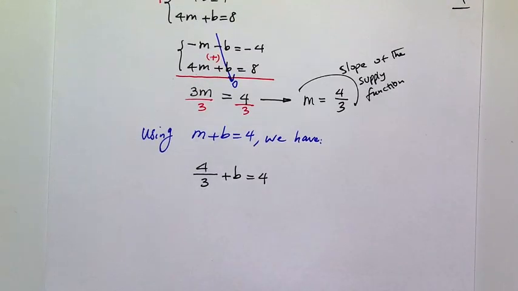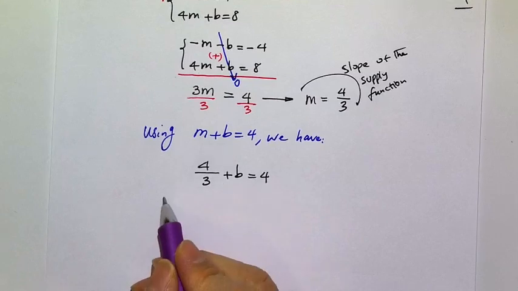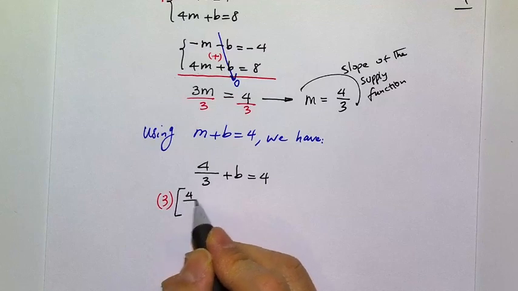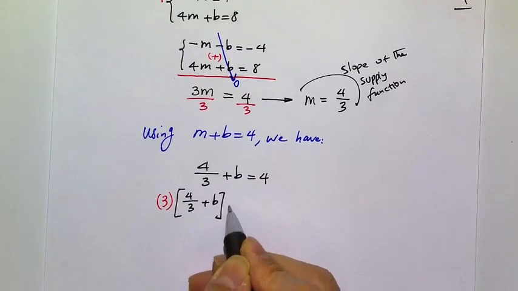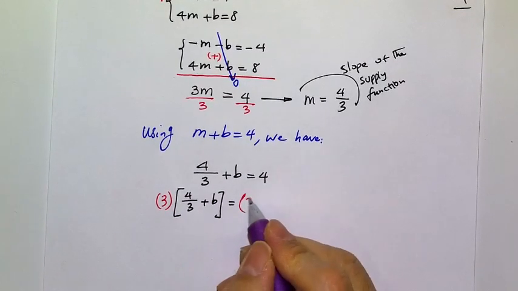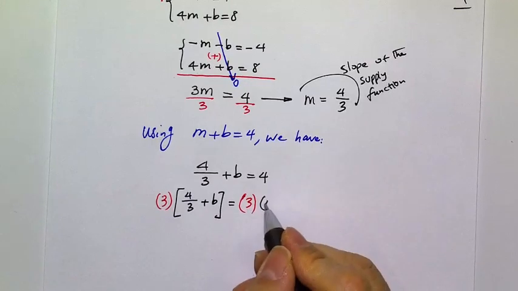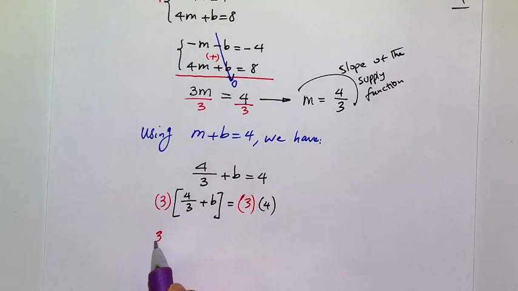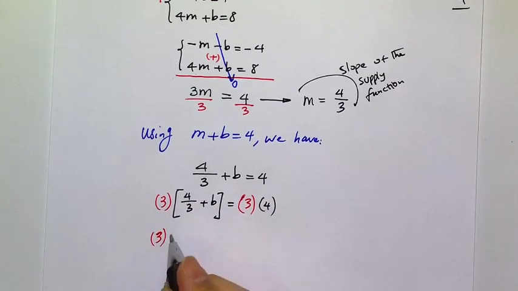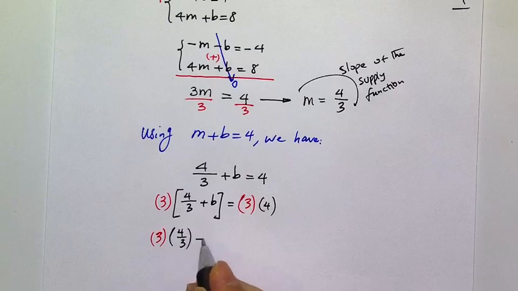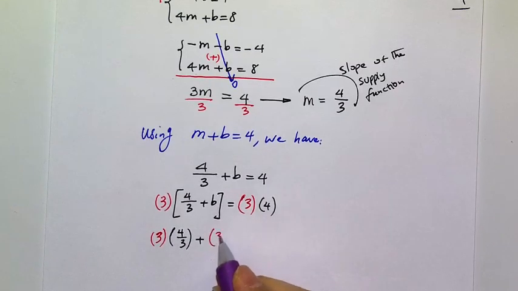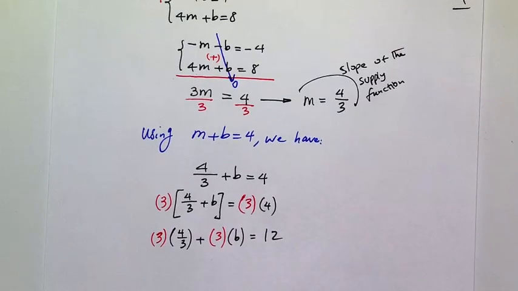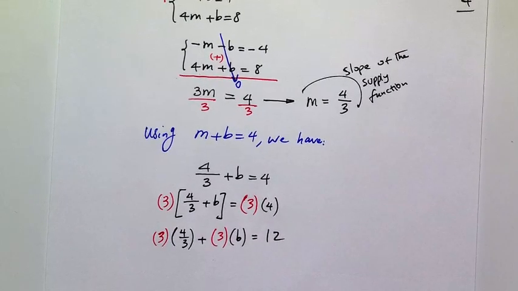Let's get rid of the fraction in this equation by multiplying both sides by 3. Right? Then let's distribute the 3 inside the brackets. And the right side is just 12, right?